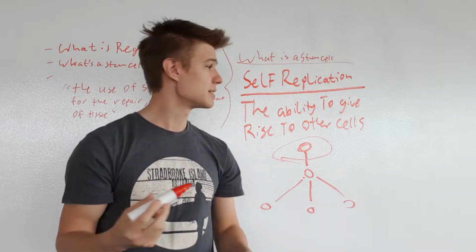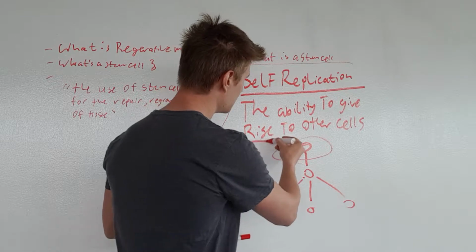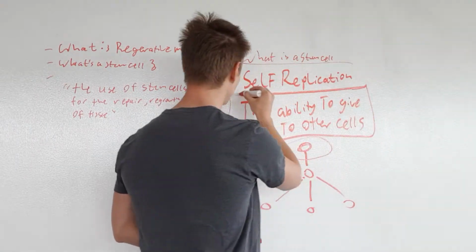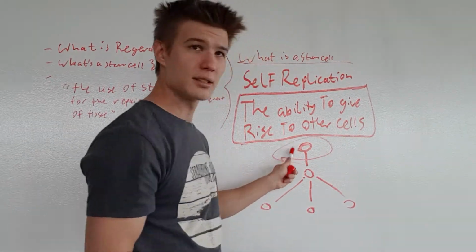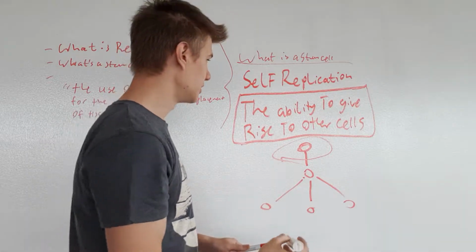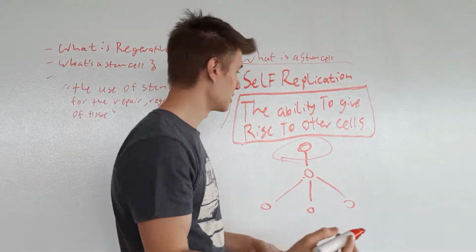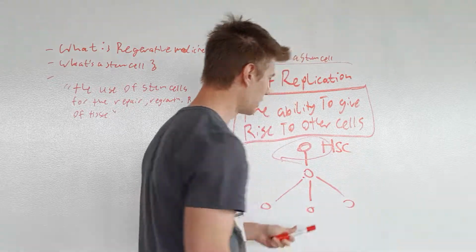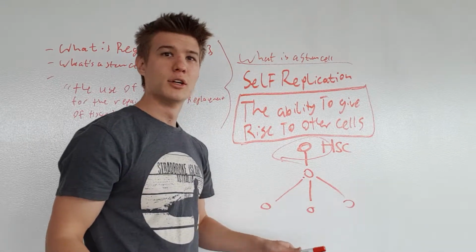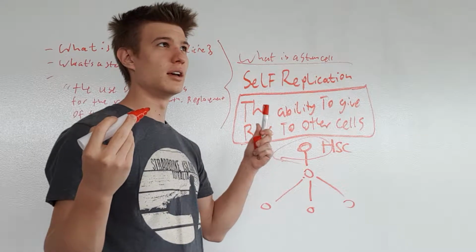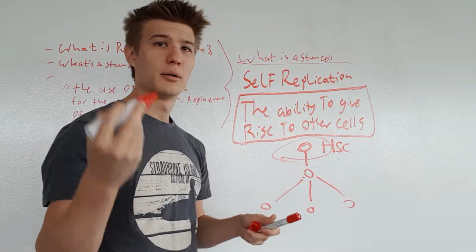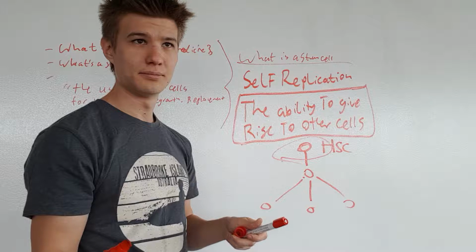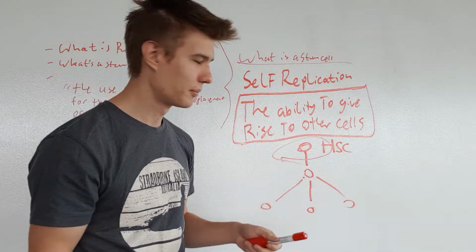Now what that means in terms of the ability to give rise to other cells, of course, is that this stem cell, let's presume it's a hematopoietic stem cell for argument's sake, so it's an HSC, can give rise to the hematopoietic precursor cells.